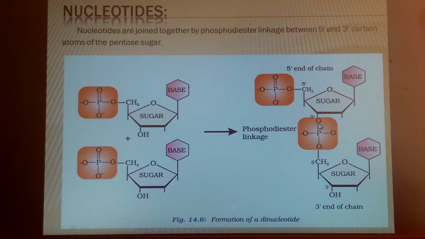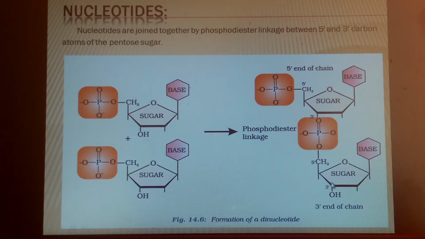The new bond formation is the oxygen of the phosphate group of one nucleotide with the third carbon of another nucleotide. So this is bonded with two oxygen atoms. Through two oxygen atoms the bond is present. That's why it is called phosphodiester linkage, and it is the formation of a dinucleotide.